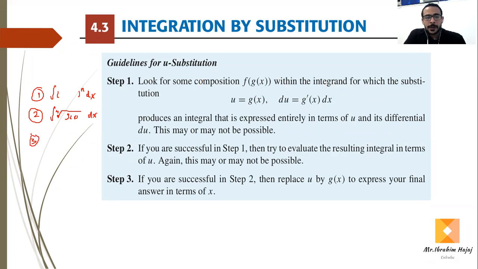Also when we have to find the integral of a fraction, two functions over each other, or a trig function composition like cosine ln x, or cosine sine of a function, or the product of two functions like cosine squared x times sine x. You have to use u substitution.